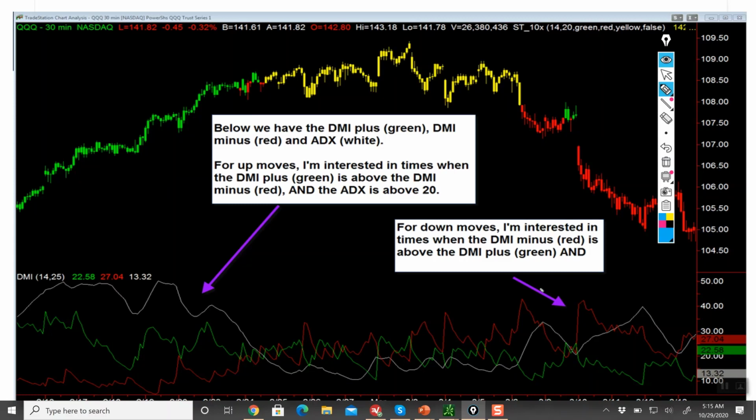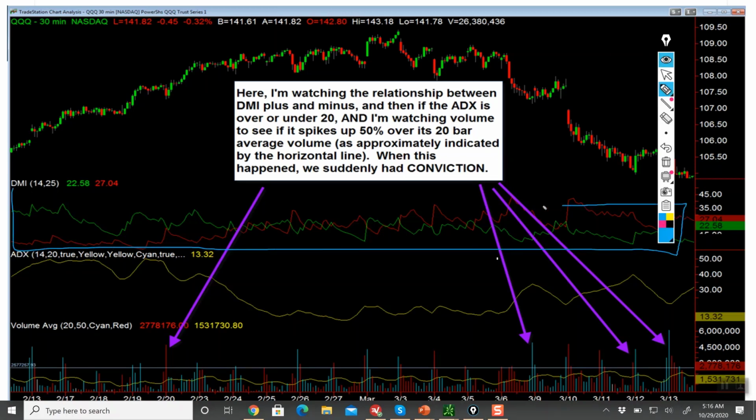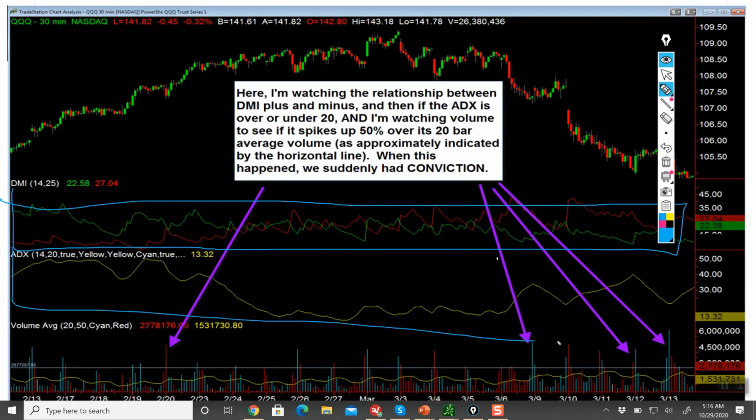All right, so the 10x bars on steroids altogether. We already discussed the DMI, so we know how this works, right? The ADX, we already discussed this one.